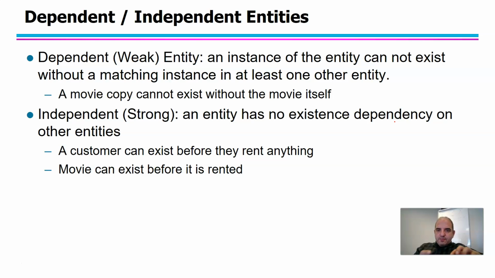Let's assume that a movie copy is a DVD, and inside this DVD you have the movie. If you don't have the movie, you cannot have a copy of it. So in this example, we call movie copy a dependent entity.